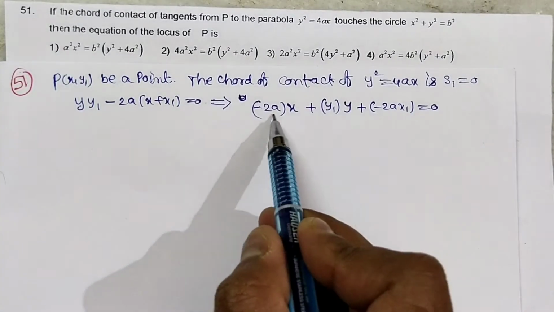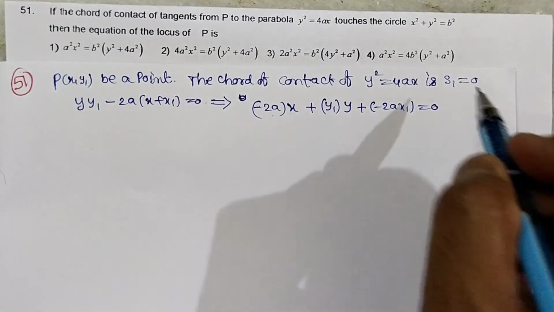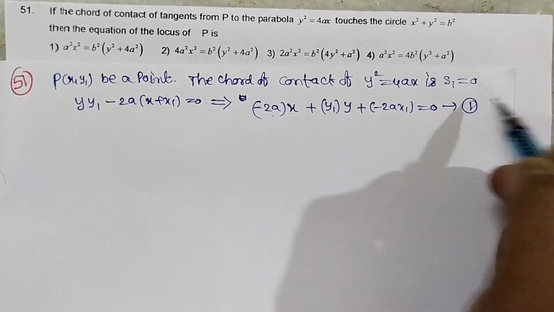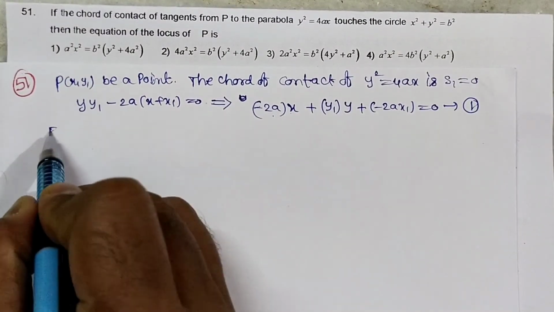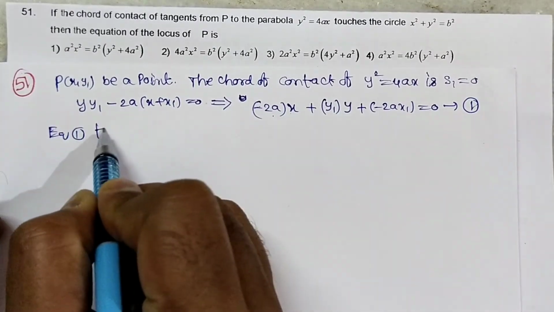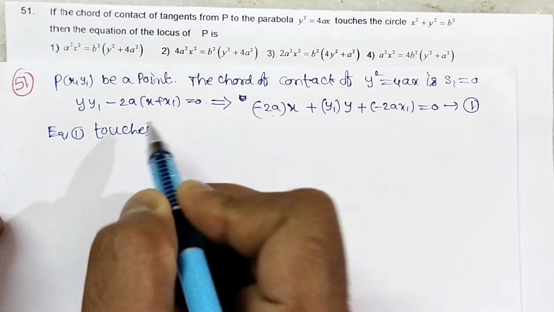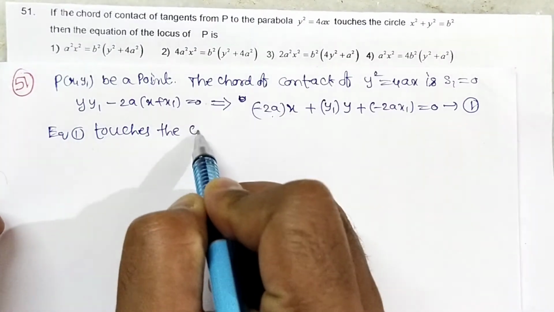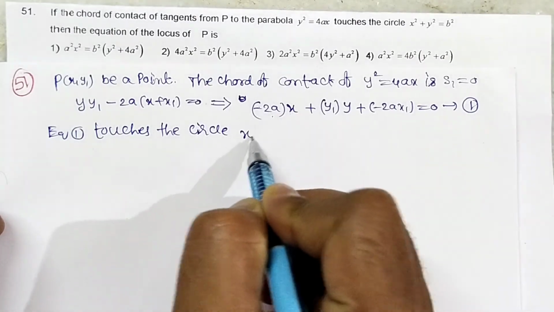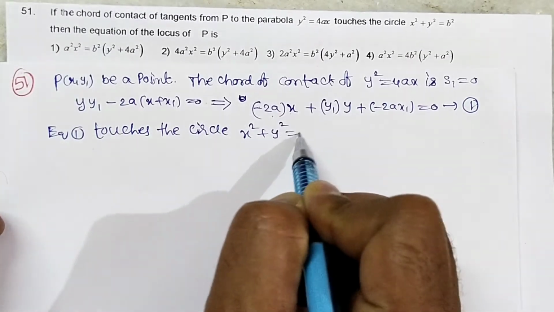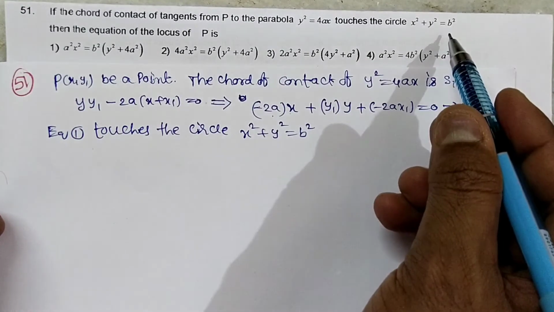It is in the form of ax plus by plus c equal to 0. This equation 1 touches the circle x square plus y square equal to b square according to the question.